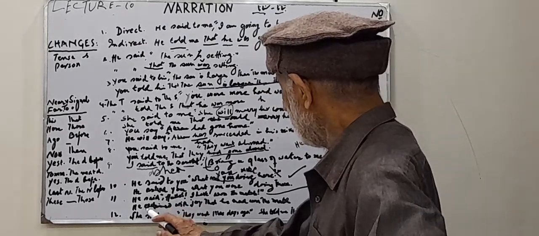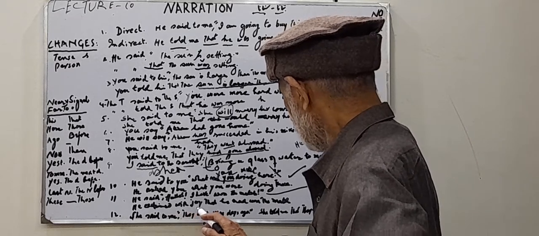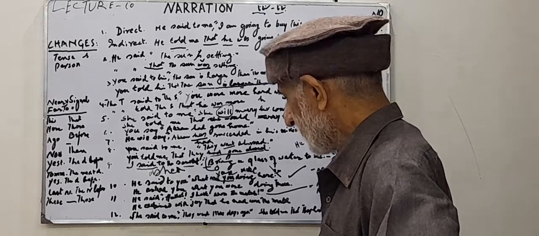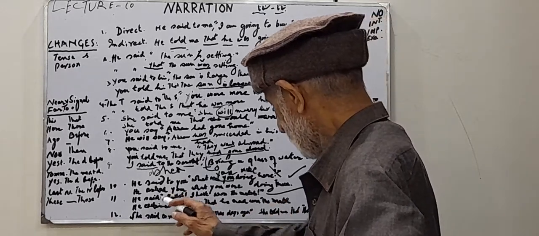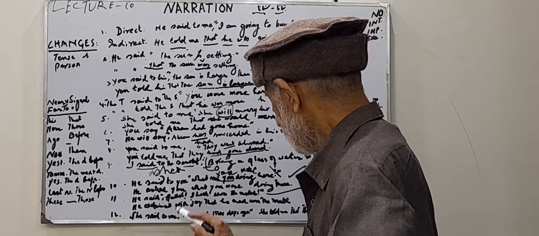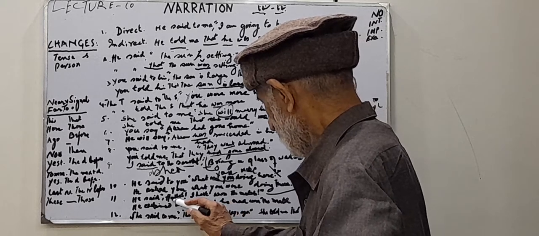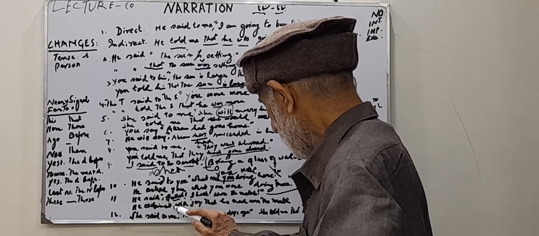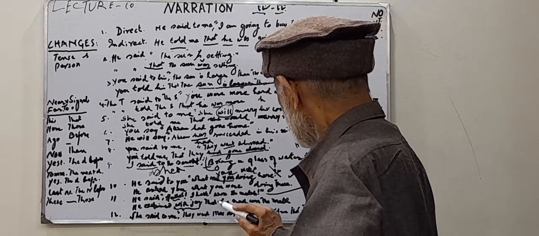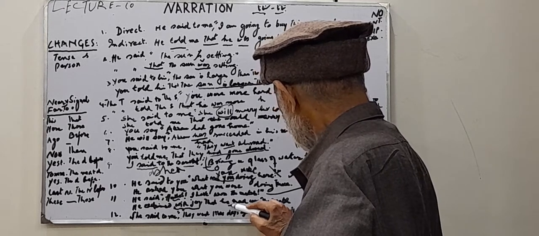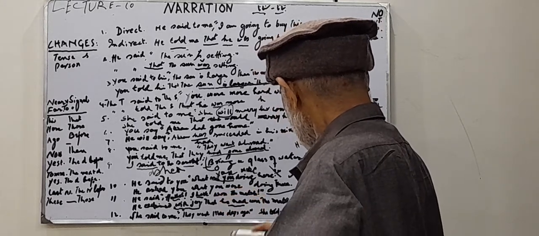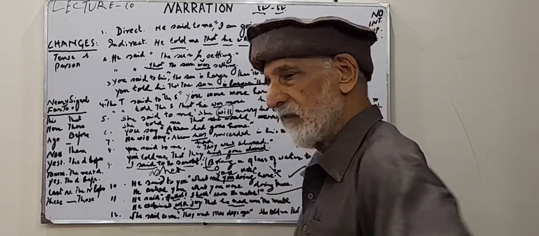So, you will say, he exclaimed with joy that he had won the match. Just see the change? Said, exclaimed. Hurrah, drop. With joy. In place of hurrah, it is with joy. He has, I have, he had won the match.